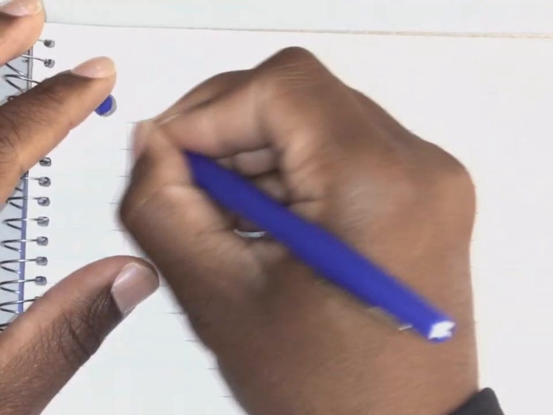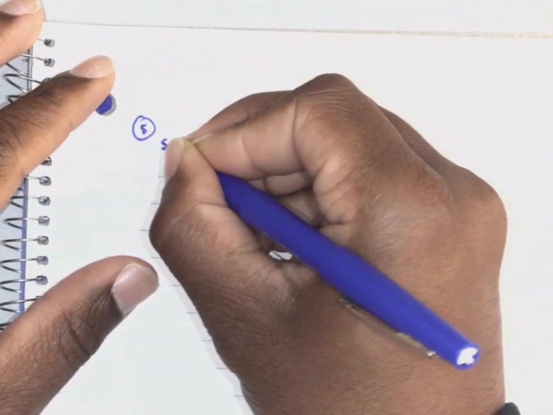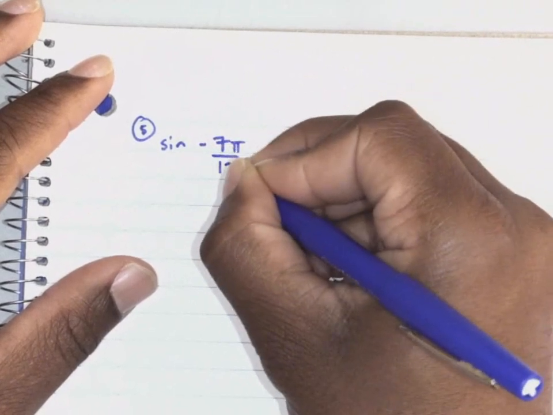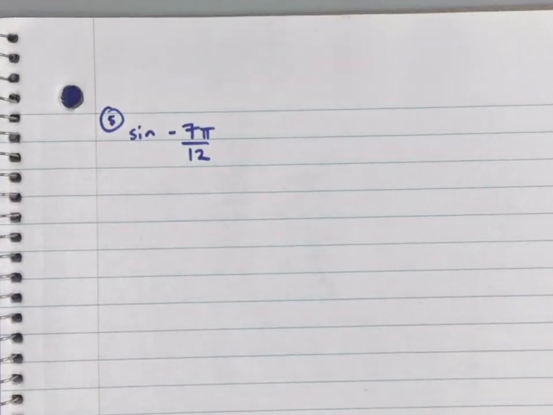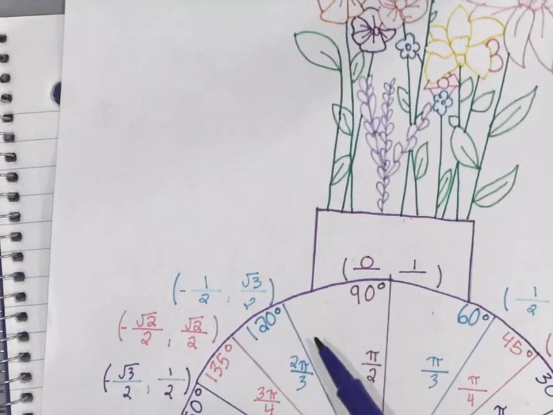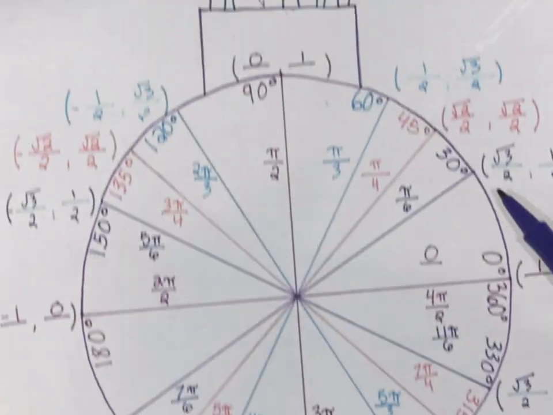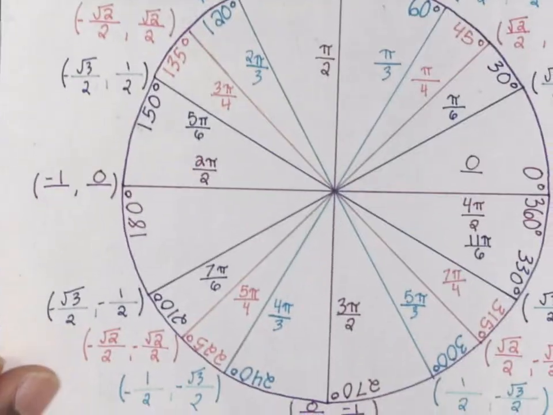All right, so first one, we got number 5. We're wanting to find sine of -7 pi over 12. Now if this angle was on my unit circle, I would just write the exact value. And just to be clear, the exact value is the coordinates, the parentheses on the outside of the unit circle. So I know sine is y.